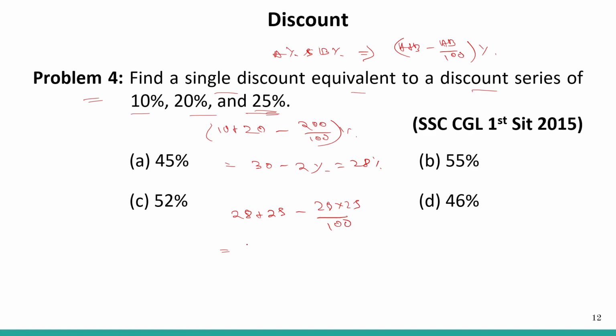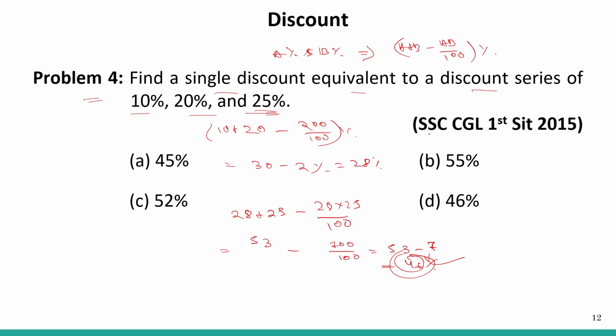So it is 53 minus, 25 into 8 is 200, and 25 into 20 is 500, so it will be 700. 700 by 100. So 53 minus 7 is equal to how much? It is 46%, right? So 46% will be the correct answer here.